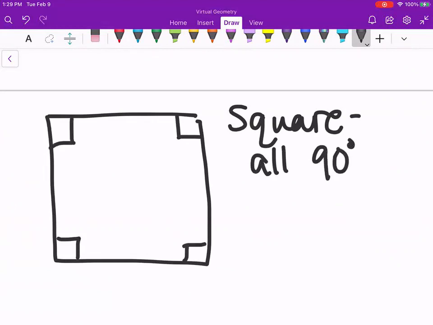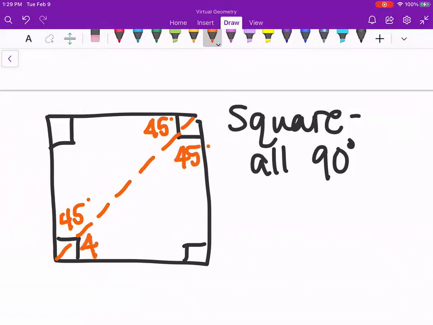And if you were to draw that diagonal, it does cut those 90s in half and makes two 45s. And the same would be true if that diagonal was going the other direction. So again, just remember, a square is always made up of two 45, 45, 90 degree triangles, and all the sides are the same.